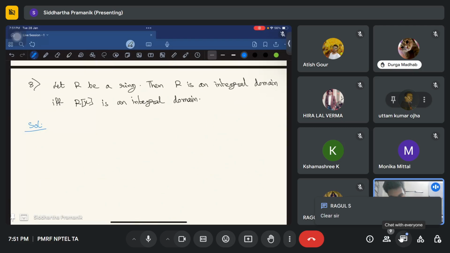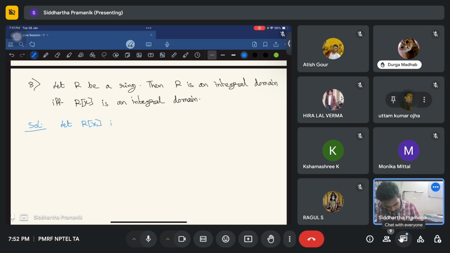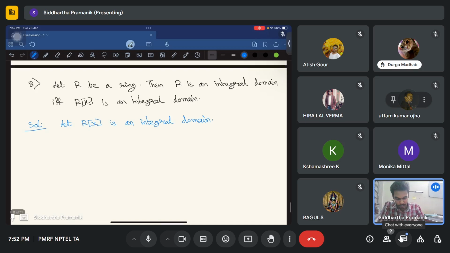So we need to prove two sides. So first, let me prove the backward implication. So let R[x] be an integral domain. Now R is a subring of R[x].